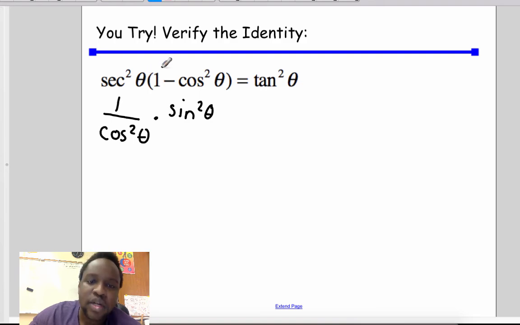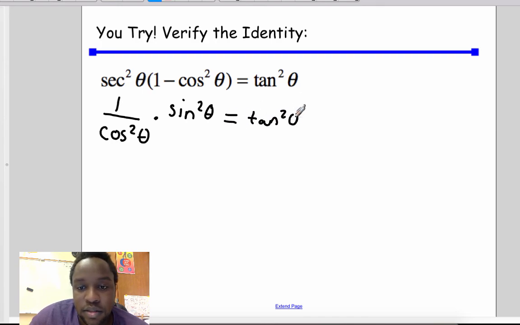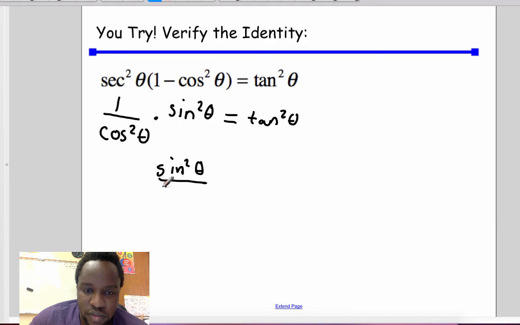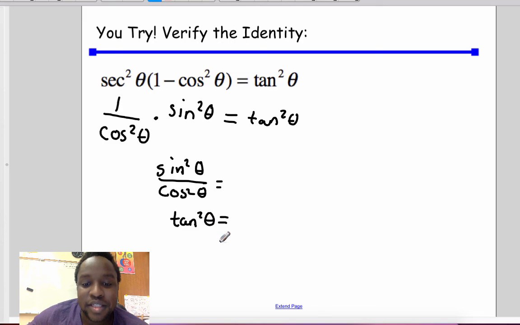And so we would have sine squared plus cosine squared minus cosine squared. The cosine squareds would have canceled each other out, and we would have been left with sine squared theta. So we have sine squared theta over cosine squared theta, which equals tangent squared theta. So tangent squared theta is equal to tangent squared theta.